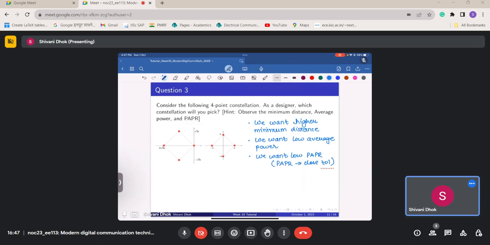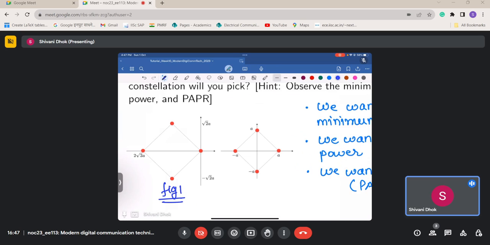Okay. So now let us consider the first constellation scheme here. Let's say this is figure 1. So for this particular figure, this constellation point has coordinates. If I drop a perpendicular from here, these are equidistant, so this will be minus root 2a comma root 2a.